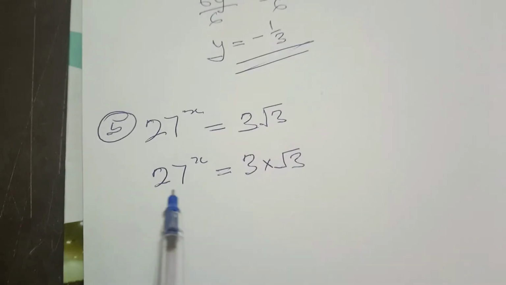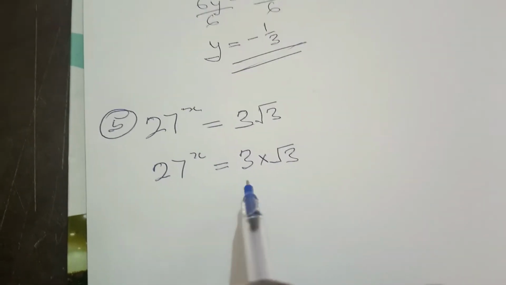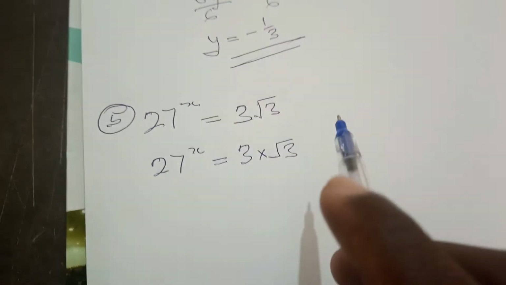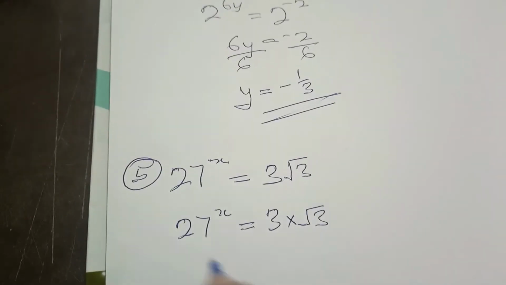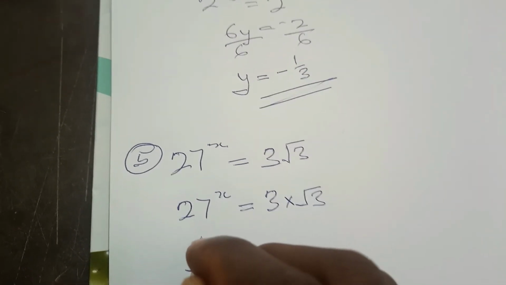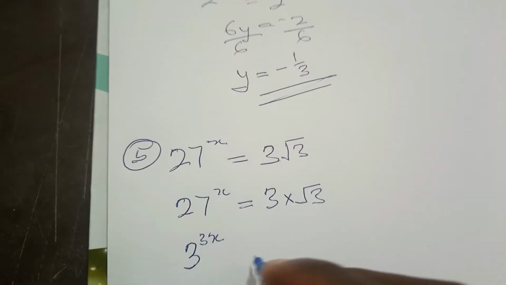So here you see that 27 can be expressed as a base 3. We have base 3 here, and here too we have base 3, since I just explained that. And 27 is 3 cubed. And remember the x is there, so 3 times x will give us 3x.